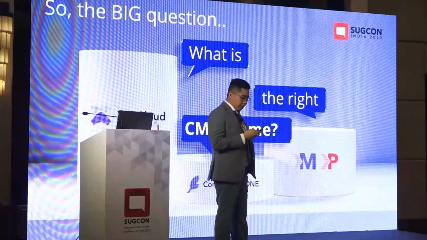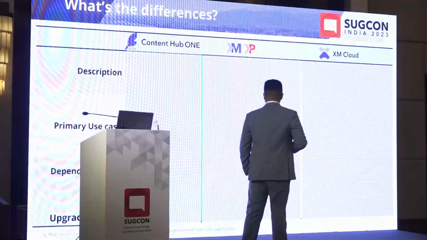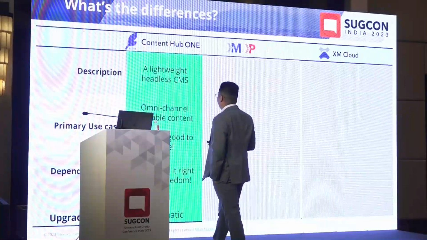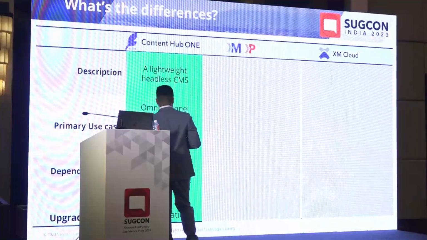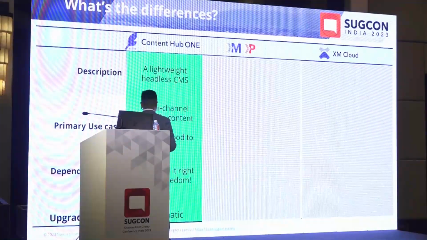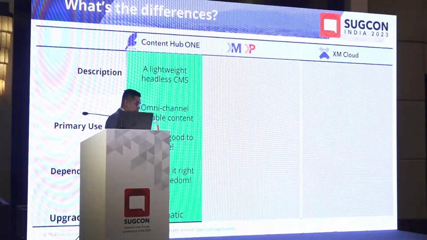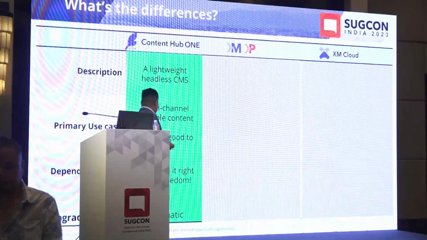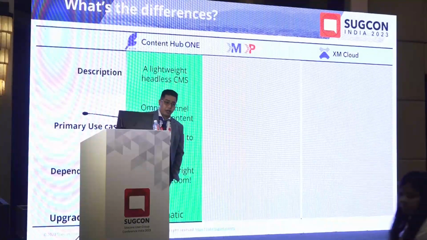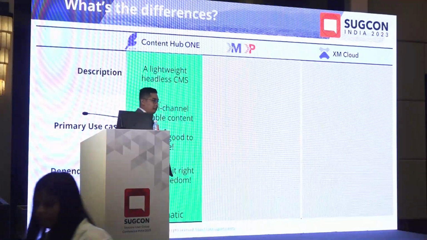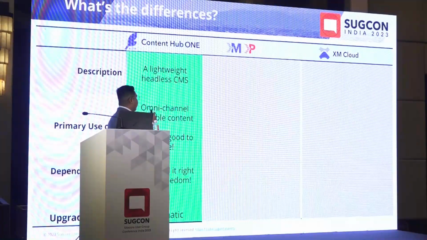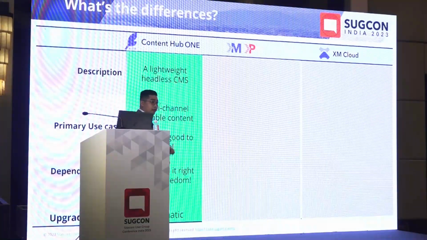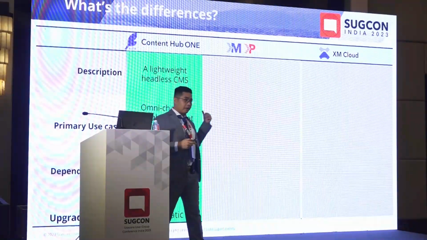So, first one, if you're looking for a lightweight headless CMS, omni-channel reusable content, and GenAI is one of your key asks, you don't have to wait for the developers, and the price will be relatively lower as compared to XM and XP, then Content Hub 1 is for you.